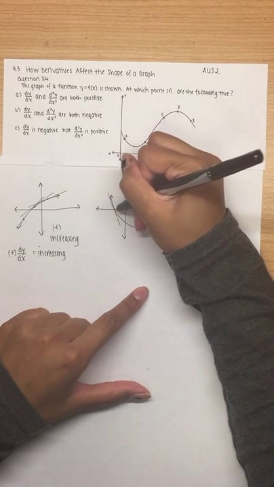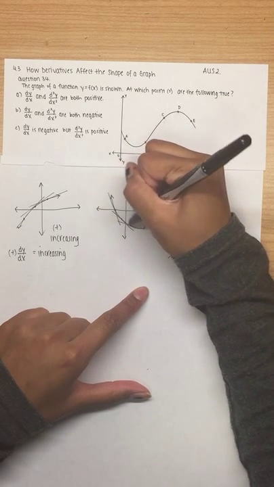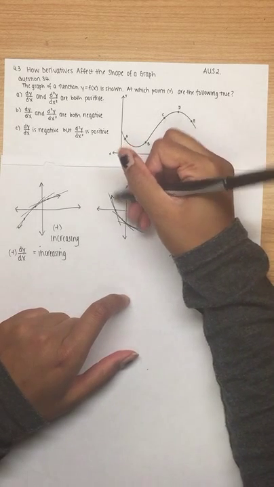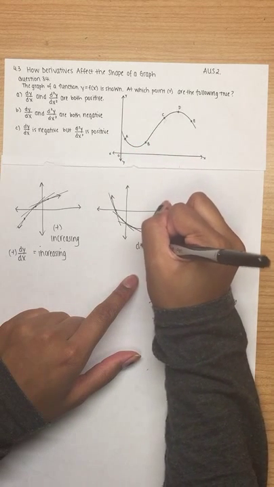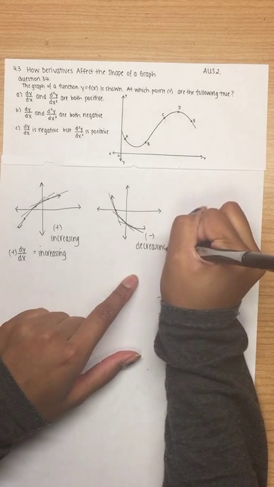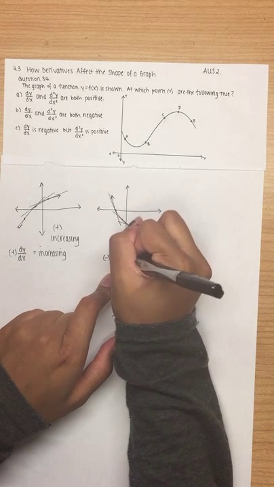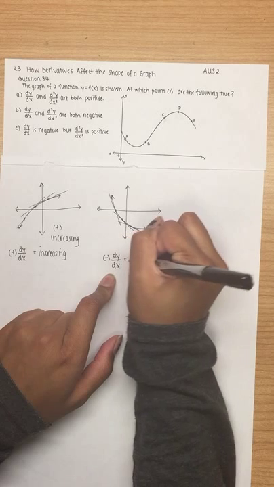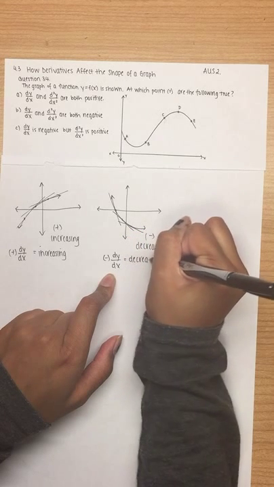Similarly here, we're going to take the first derivative at various points. The slope is negative. The function is decreasing. So when the first derivative is negative, the function is decreasing.